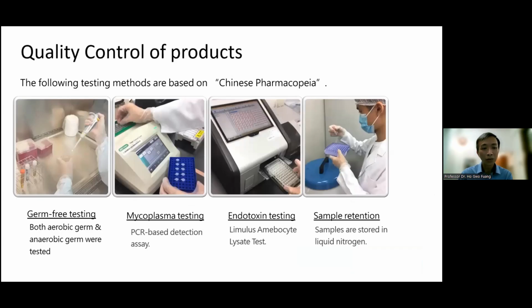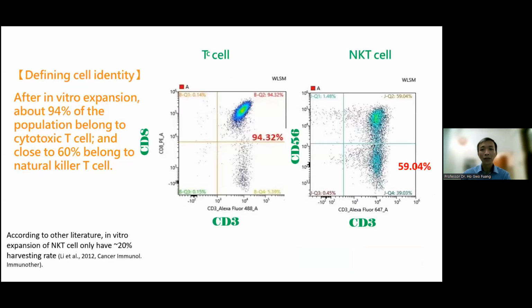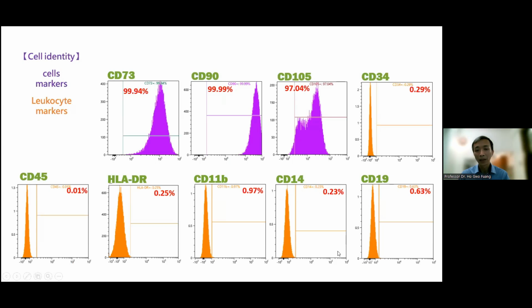And then the quality control process is you have to check for germ-free for aerobic and anaerobic germs, mycoplasma, endotoxin, and you have to retain it. So the cytokine-induced killer cells, when you do the quality control, it has a lot of CD3, as we saw earlier, CD3, CD8 receptors, and CD3, CD56 receptors. So you need to have those kind of cell populations for it to be meaningful.